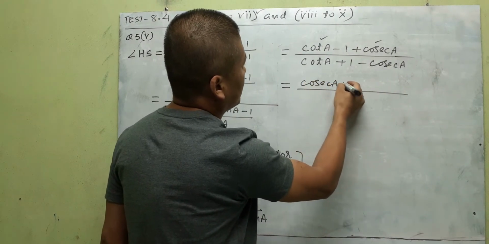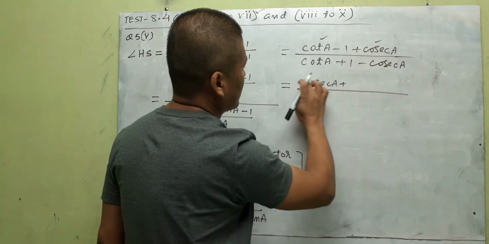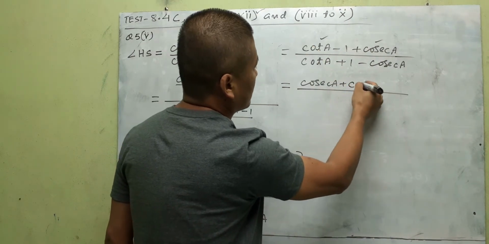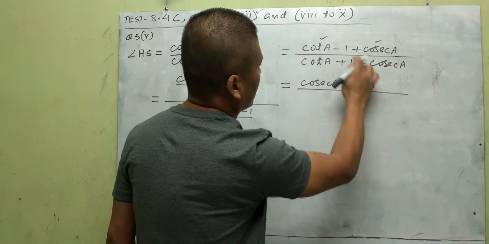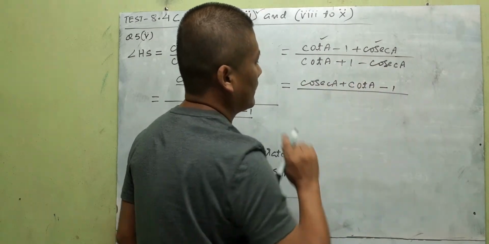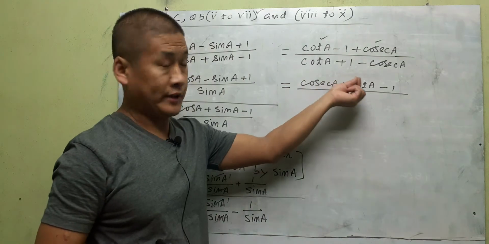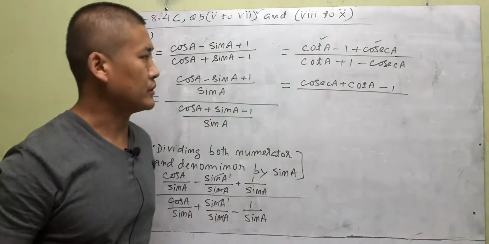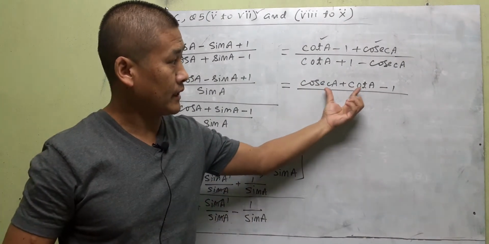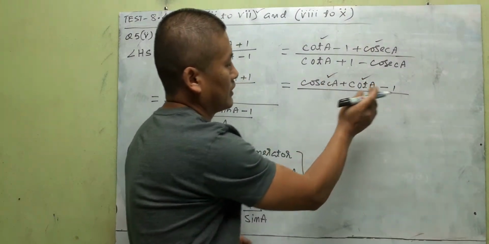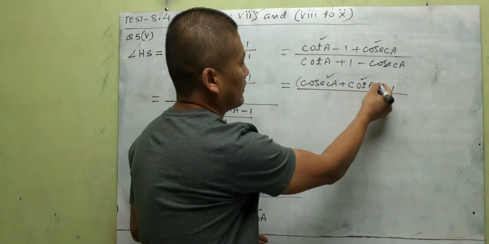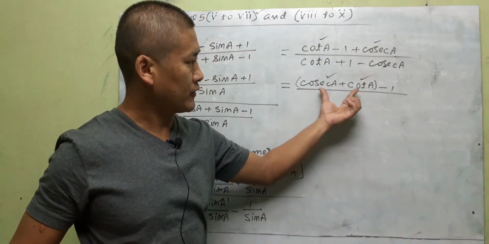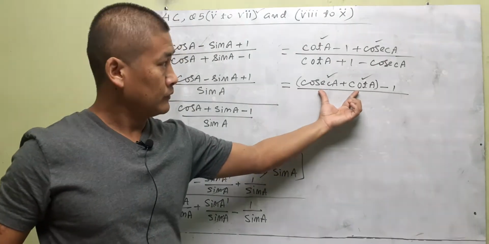Cosec A plus, no sign means plus, we put this one in the second position, cot A, these 2. And then this minus 1 we can bring. We're just changing the order, 1, 2, 3, not changing the sign, so this is still the same expression. Why? Because this is there on the right side, so we want to preserve these two and not touch them anymore. This one, we'll try to do something with 1 so that everything else is removed and only these two remain, which is the right hand side.